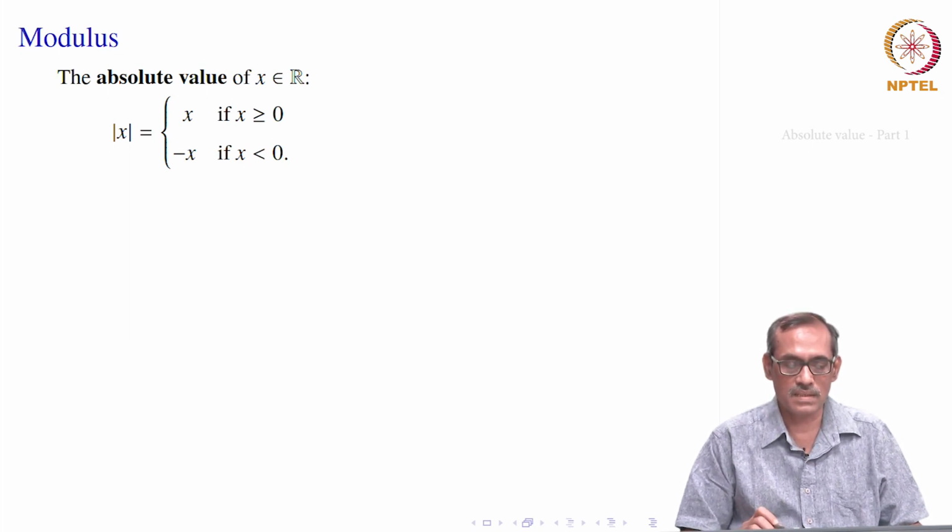What does it really say? Suppose x equal to 1, then its absolute value will be equal to 1, and if x equal to minus 1, then its absolute value equal to minus of minus 1, which is again equal to 1.